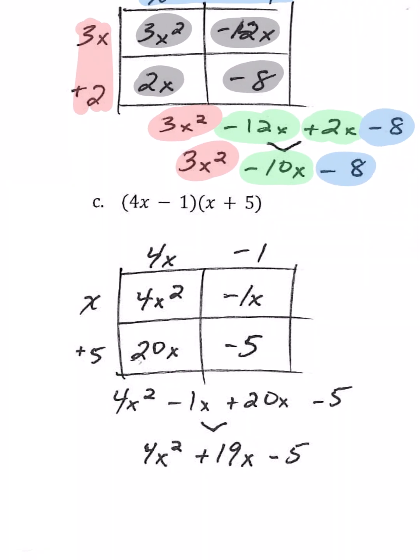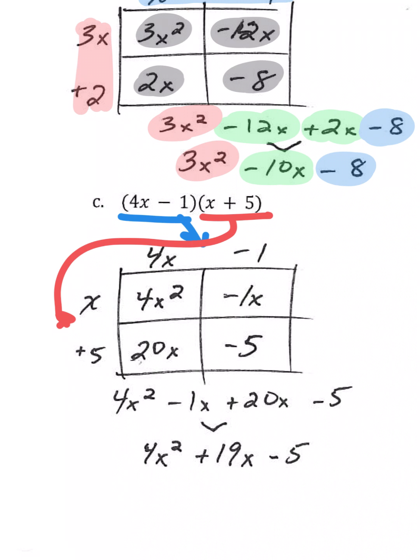Example C, we have two binomials. What that means is these terms in parentheses get written on the top, and this other one is written on the side. So 4x minus 1, x plus 5.